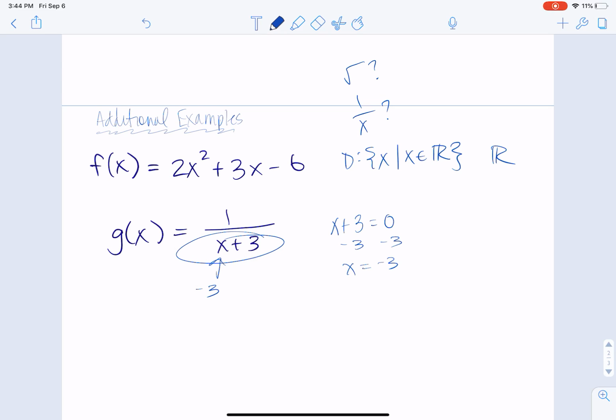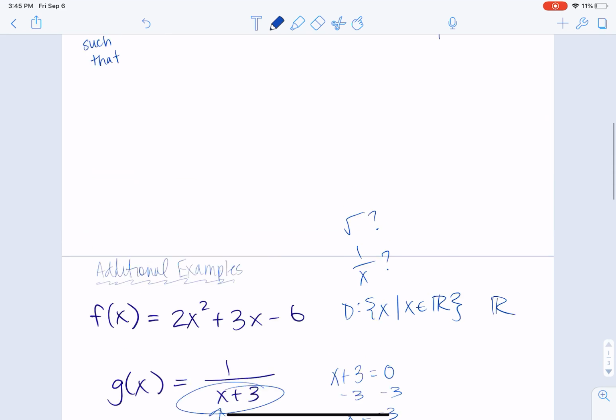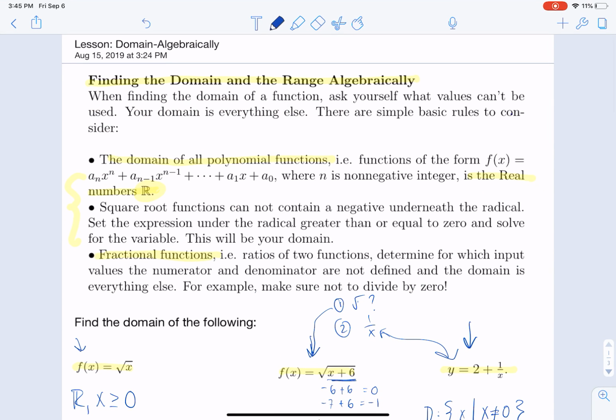If I were to plug in -3 here, that would give me a denominator of 0. So my domain is x values such that x is not equal to -3, or x can be all real numbers, x not equal to -3. So that's a little bit about finding domain algebraically.